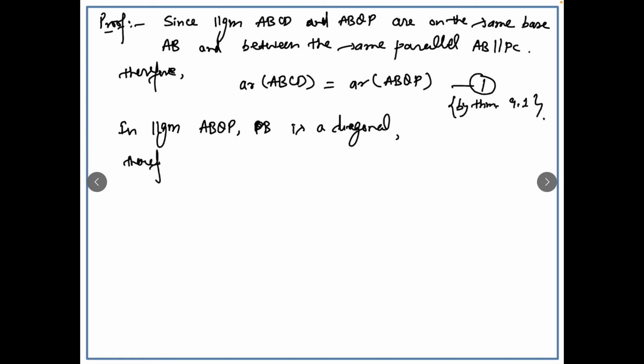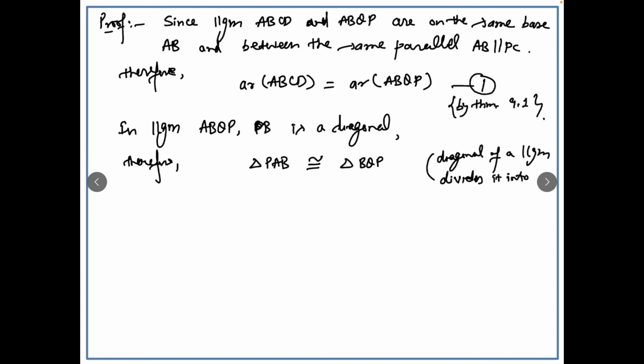Therefore triangle PAB will be congruent to triangle BQP, as we know that the diagonal of a parallelogram divides it into two congruent triangles.